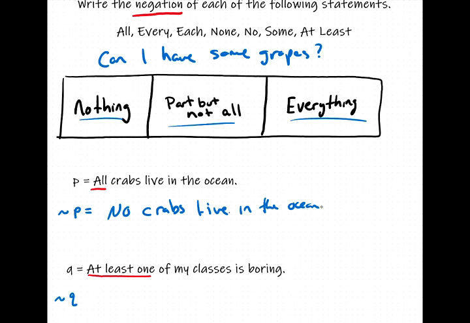That would be incorrect, because in that case, the statement P deals with everything, all crabs live in the ocean. But to say no crabs live in the ocean, as being the negation, well, that only accounts for the nothing state, so the part but not all is left out. So that we can't do. So let's erase this.